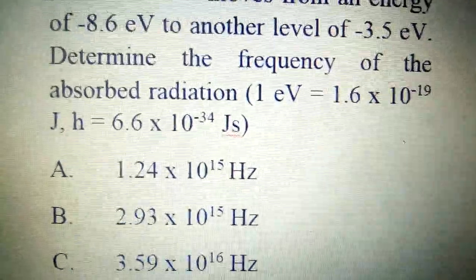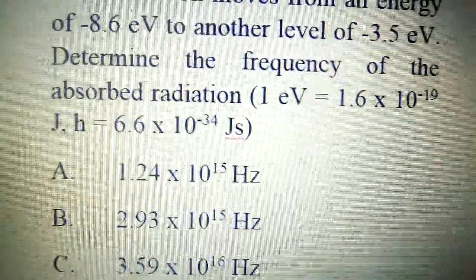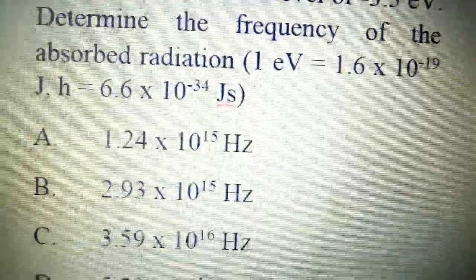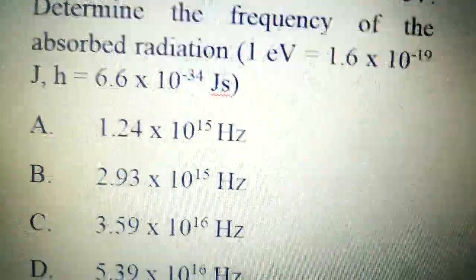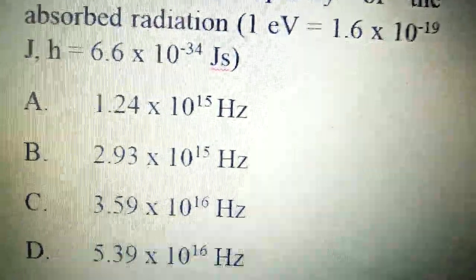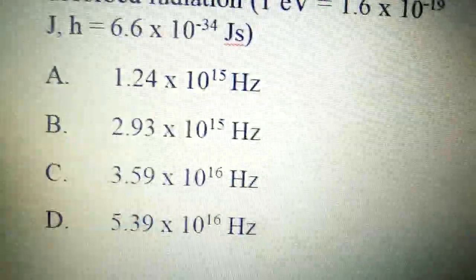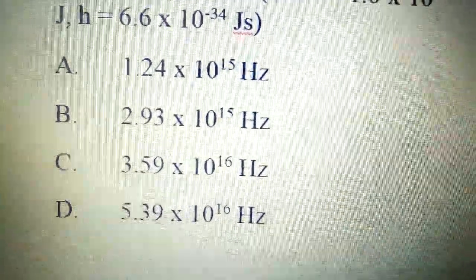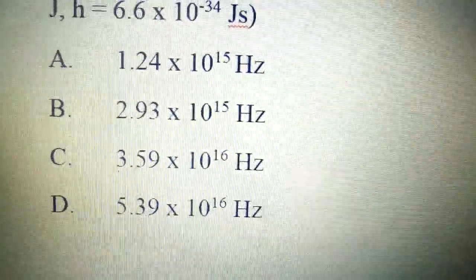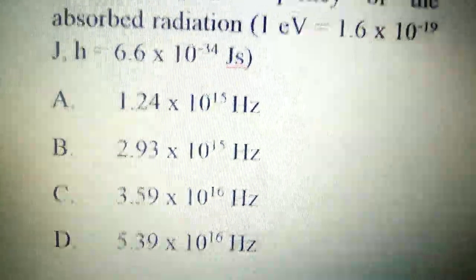The Planck constant is 6.6 × 10^-34 joule second. Option A, 1.24 × 10^15 Hz. Option B, 2.93 × 10^15 Hz. Option C, 3.59 × 10^16 Hz. Option D, 5.39 × 10^16 Hz.